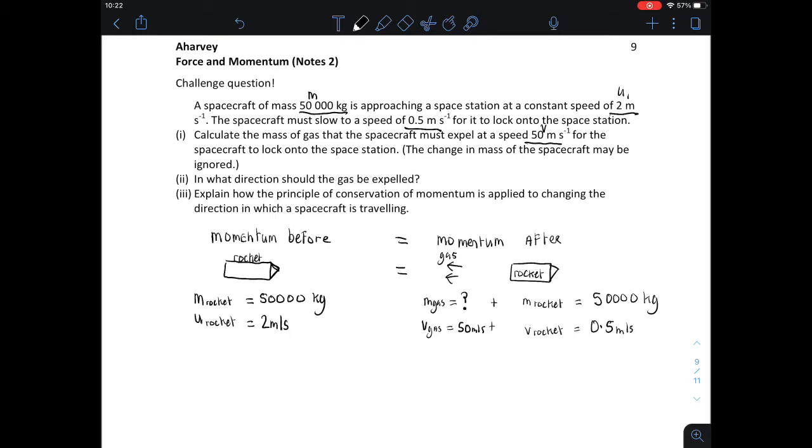From here, we have the values that we need, so we write down our equation for the law of conservation of momentum. That is, the mass of the rocket times the initial velocity of the rocket, so m1u1, is equal to the mass of the gas times the velocity of the gas plus the mass of the rocket times the velocity of the rocket.